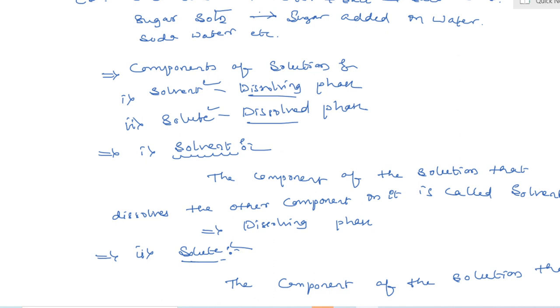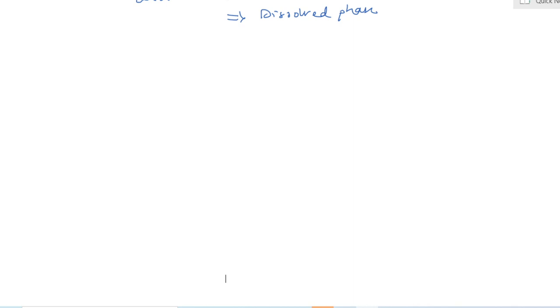Here are some common examples of solution. In sugar solution, sugar is the solute and water is the solvent. Let's take an example of a solution. Example: sugar solution.